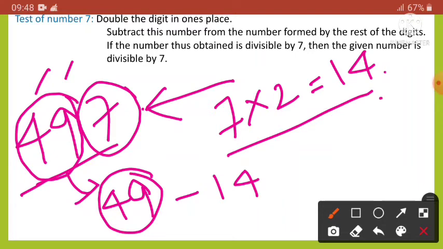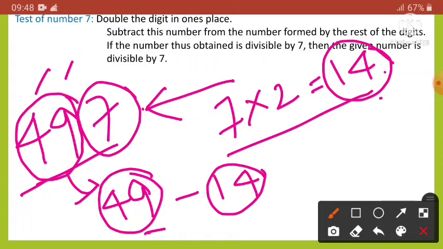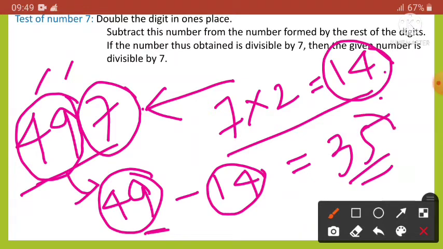Now we have to subtract 14 from 49, because we have to subtract the number from the number formed by the rest of the digits. So here we are getting 35. Now check whether 35 is divisible by 7 or not.